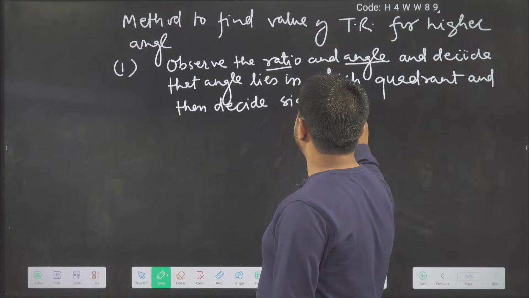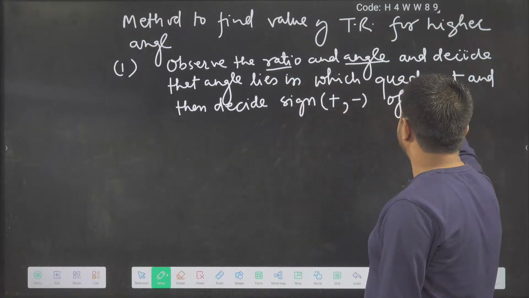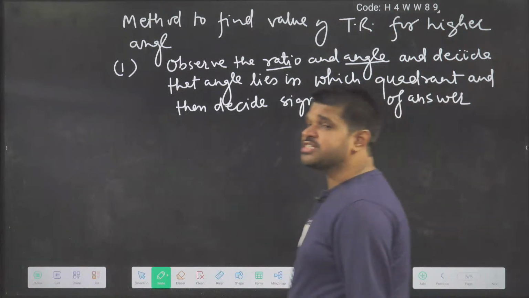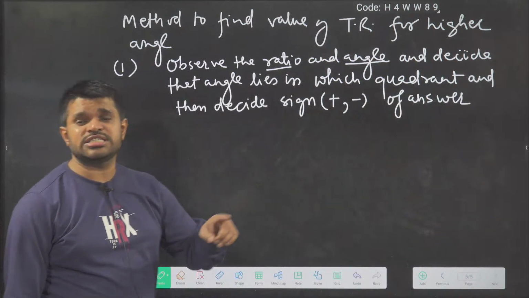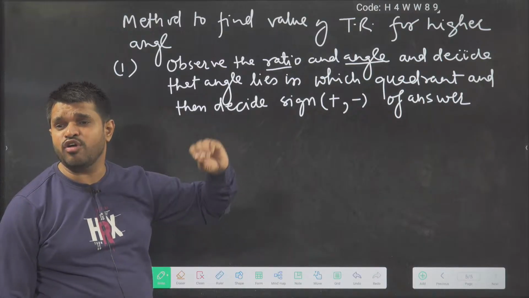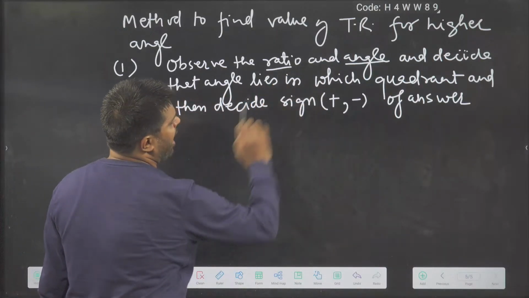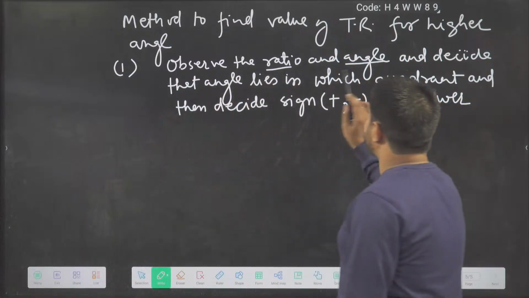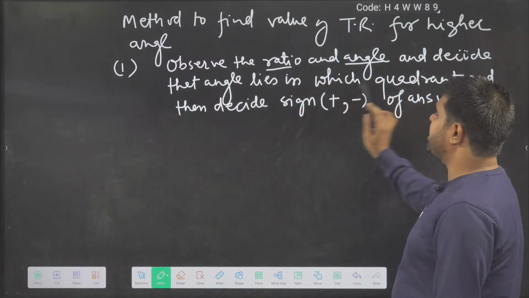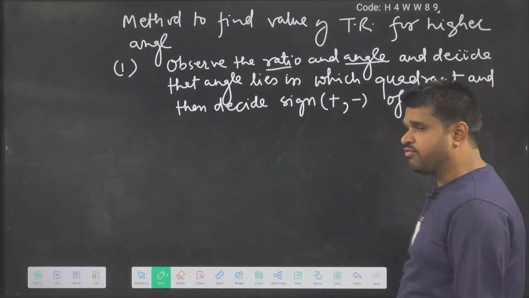Sign means positive or negative of the answer. So in the first step, you have to decide the sign of the answer, whether it is positive or negative. How to decide? Observe the ratio and angle, decide which quadrant the angle lies in, and then decide the sign.